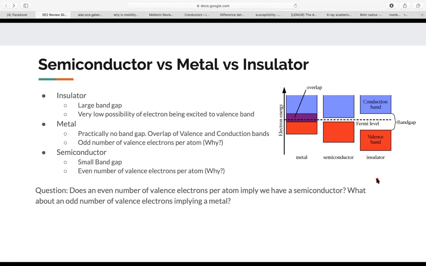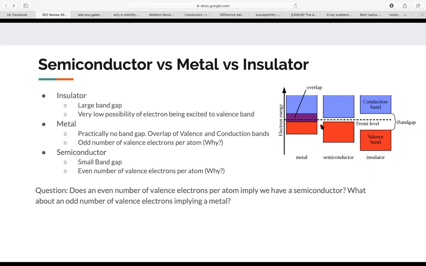I don't know if you've learned this in previous physics classes, but you can think of metals as a sea of electrons. This is where that sea comes from: they have an odd number of valence electrons that aren't able to fill up the shells.